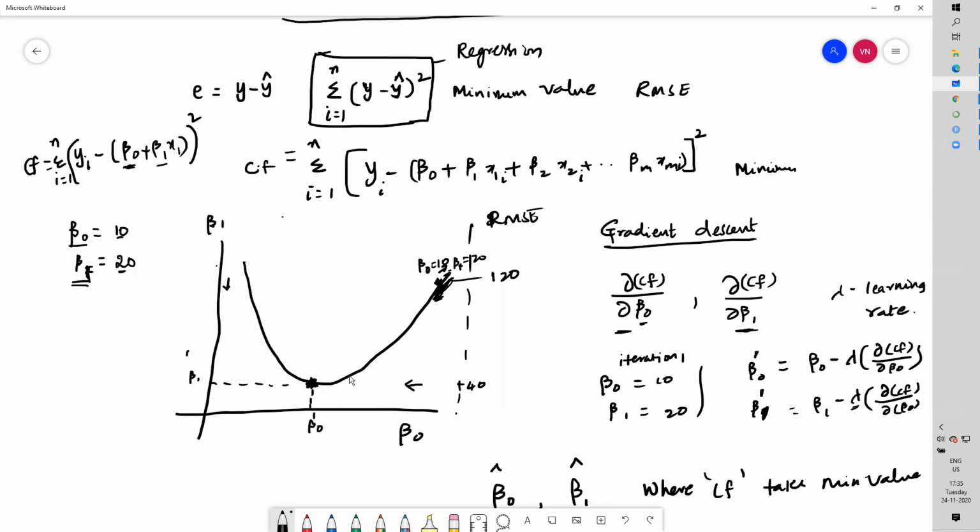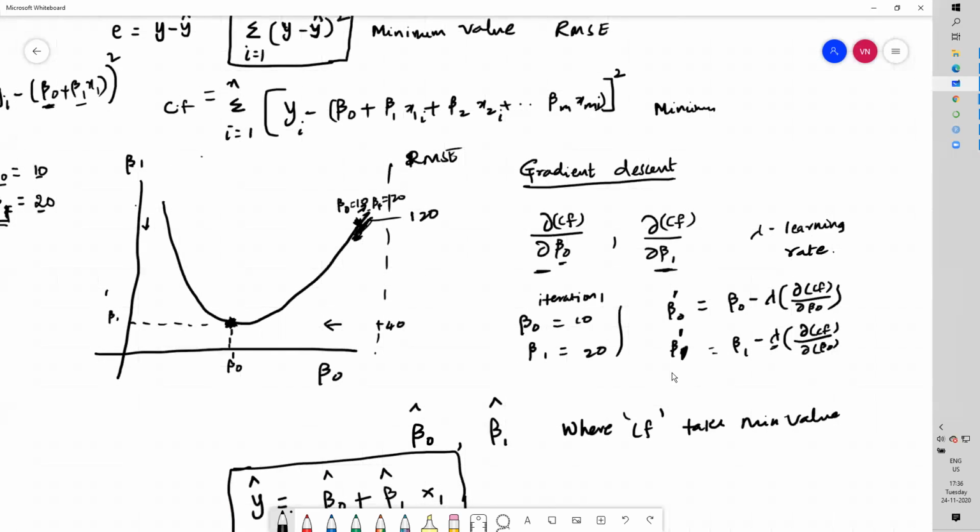To reach it, we use the concepts of calculus, finding the gradient of this curve, which tells us which direction the minimum point is, and we gradually take those steps until we reach it. How do we know we have reached this minimum point?